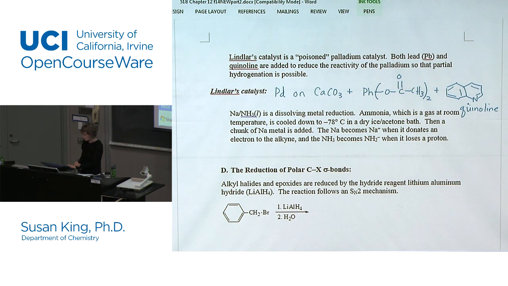All right, so that's Lindlar's catalyst, and like I said, you can just write Lindlar's catalyst, but what some people do is they'll write Lindlar's catalyst, but they'll forget the ever important H2. You have to have a source of hydrogen to add to the alkene, so don't forget to add the hydrogen. NH3 liquid, dissolving metal reduction, ammonia, which is a gas, as we talked about. We take a chunk of sodium.